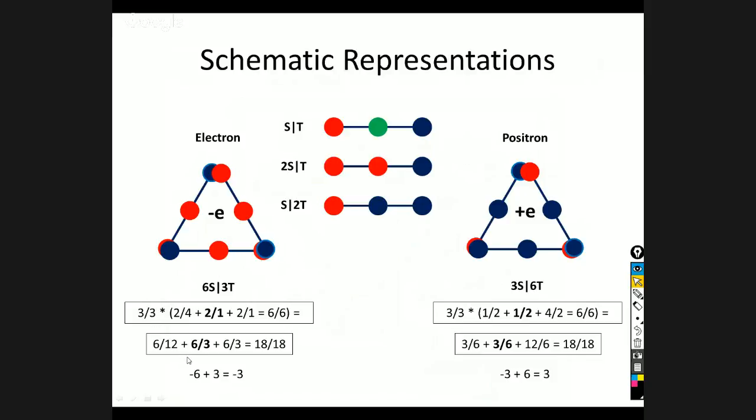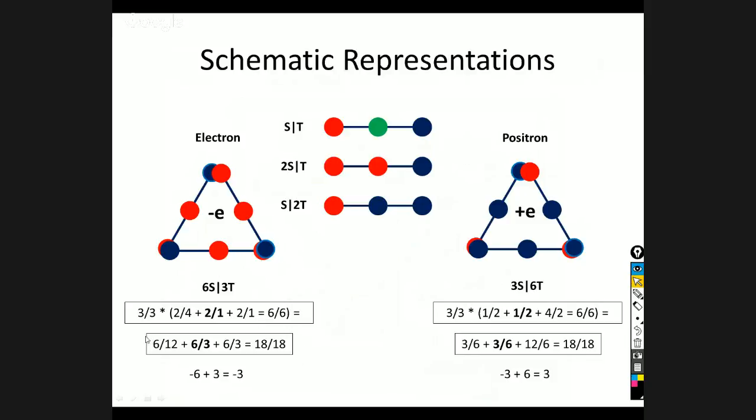And so 3 times 2 is 6 here. 3 times 1 is 3. 3 times 2 is 6 here. And 3 times 1 is 3. And so they all add up. 2 and 2 and 2 is 6. And 4 and 1 is 5. And another one is 6.